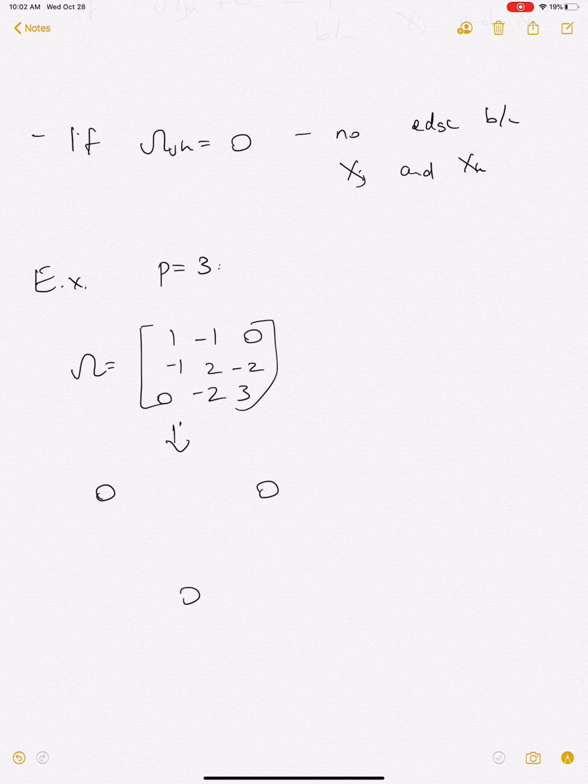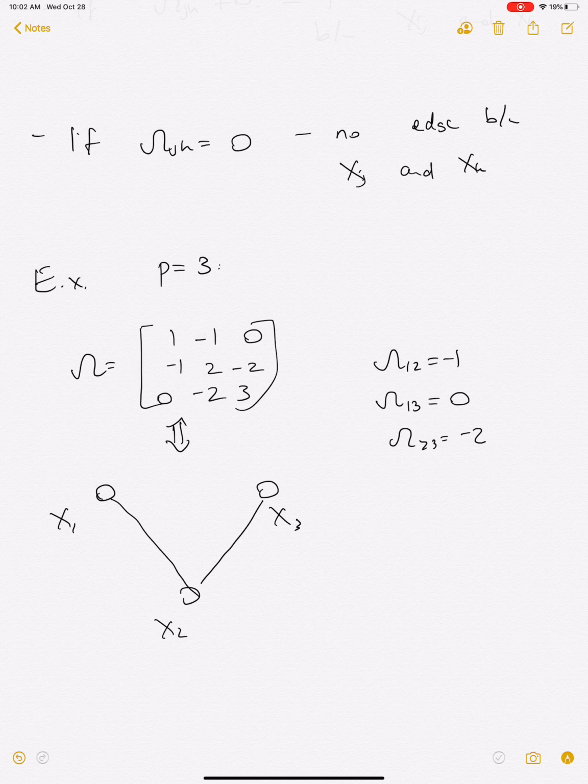If this is x1, x2, and x3, there's clearly an edge between x1 and x2, so we have that omega 1,2 equals -1, omega 1,3 is equal to 0, and omega 2,3 is equal to -2. So that means you're going to have a graph structure like that. In some sense, if you can just read off the zeros or the non-zeros of your inverse covariance matrix, that can tell you what the graph structure is.